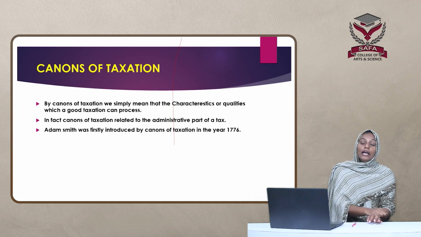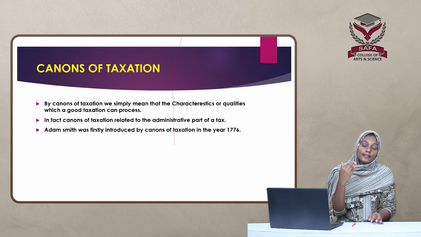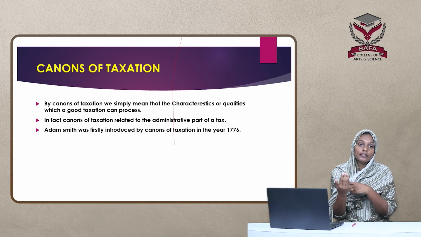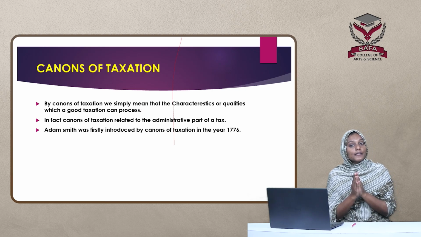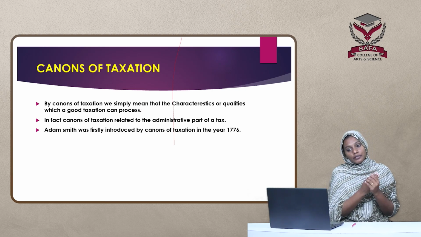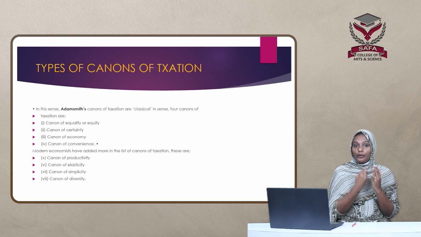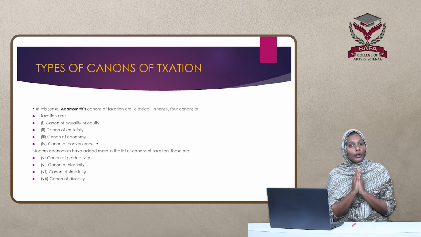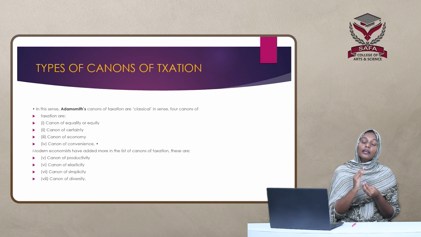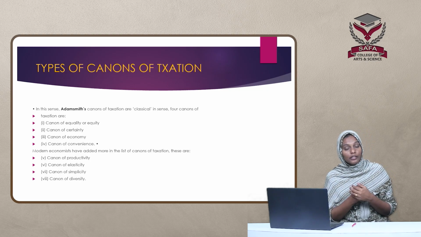The famous classical economist Adam Smith introduced a certain set of canons of taxation in the year 1776. He mainly introduced only 4 kinds of canons of taxation. They are canon of equality, canon of certainty, canon of convenience, and canon of economy. But these 4 are not enough, so there can be other canons of taxation also.